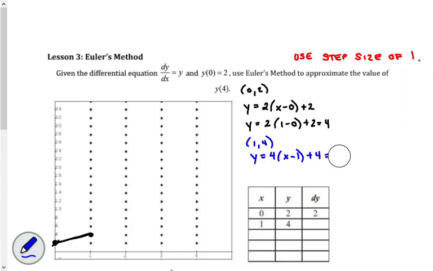Oops, sorry, before we do that, now let's plug in 2. No, 16 is not right. It's 8. So at 2, we are now at 8. Do you see what he did? He made another tangent line.